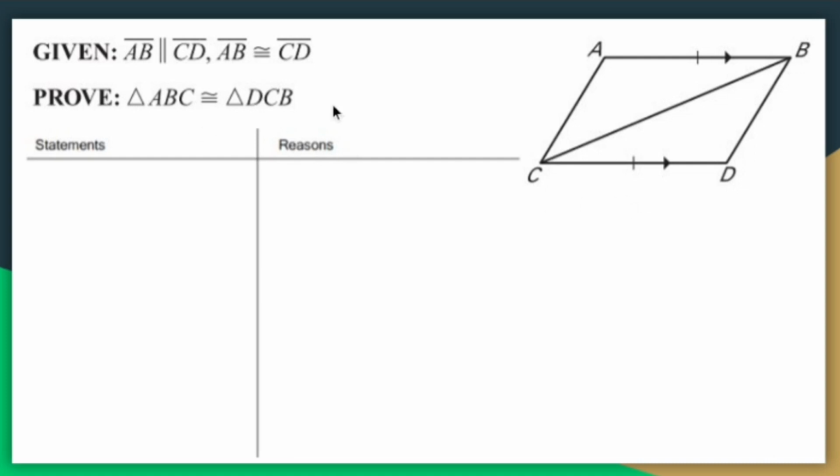Whenever I'm trying to do triangle congruency, I'm thinking of four major proofs that I could use: SSS, SAS, ASA, or AAS. Now I have a pair of sides. Ooh, BC is congruent to itself. So I have a second pair of sides. So you're eliminated and you're eliminated.